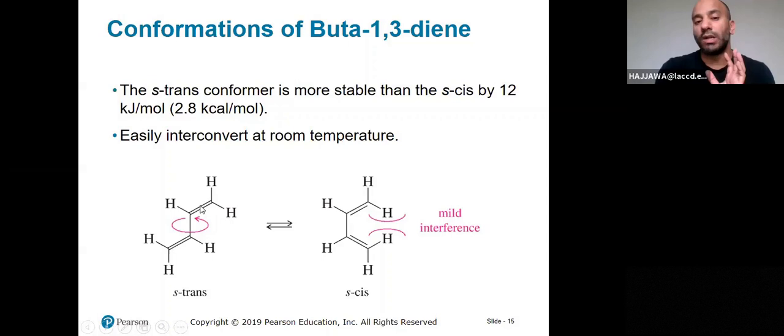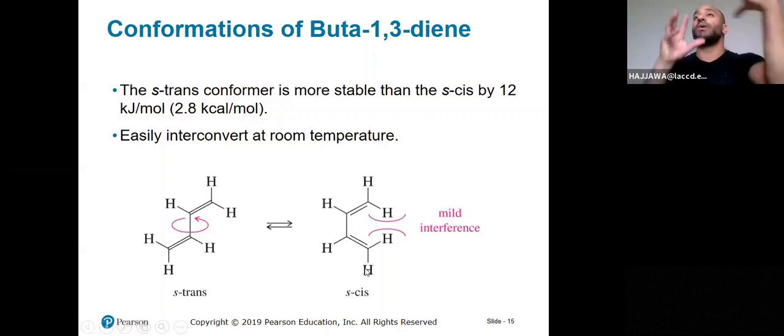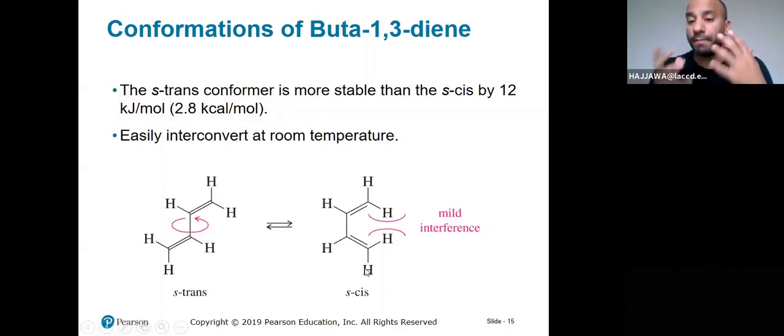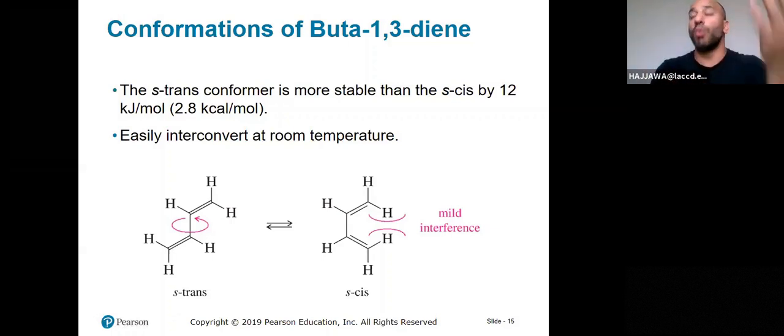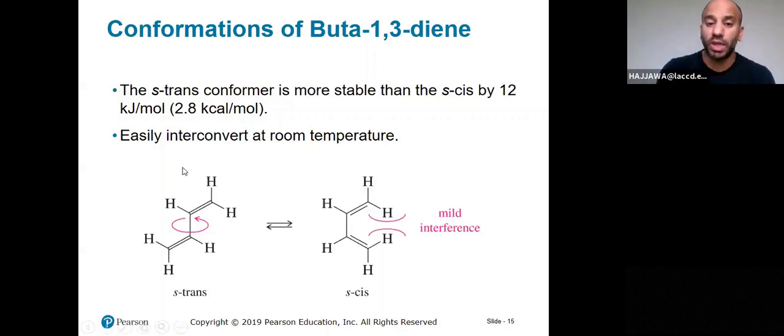It's like you're having two p orbitals overlapping here and two p orbitals overlapping on the opposite side. While in here, you're going to have two sets of p orbitals that are actually on the same face. So that's going to help in the overlap of the two sets of p orbitals, therefore will help the delocalization, and will help the reaction to take place. That doesn't play a role in the stability. The stability will still be the s-trans being more stable because of the less steric hindrance around that sigma bond. So that's one system we're going to be dealing with.